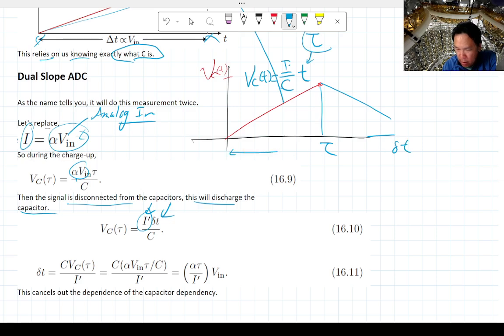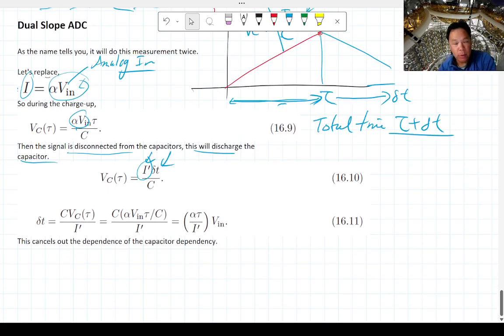So you measure up to tau, and then after you disconnect it, you measure another time longer, delta t. So the total time that you're doing this measurement for is going to be tau plus delta t.